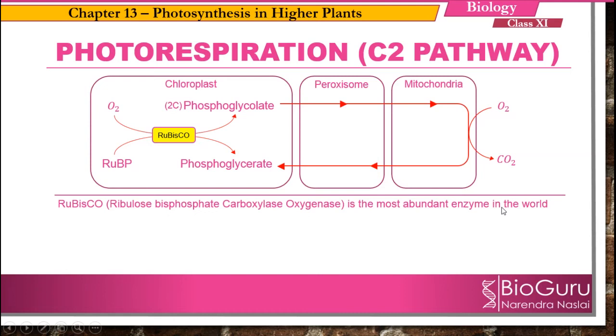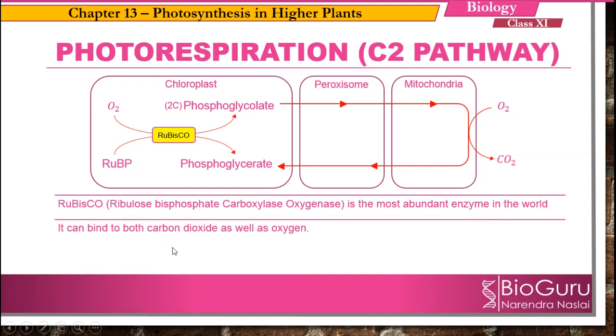Now, it can bind to both carbon dioxide as well as oxygen. As I already told you, Rubisco can bind with oxygen as well as carbon dioxide. If you remember the Calvin cycle, there Rubisco is binding with carbon dioxide, but here in photorespiration it is binding with oxygen.